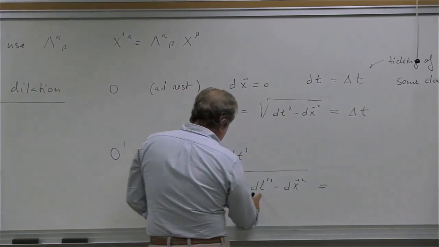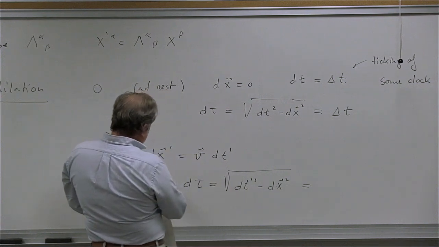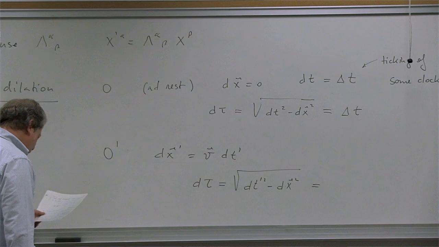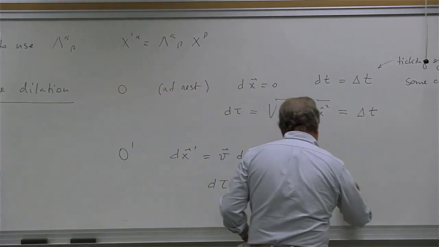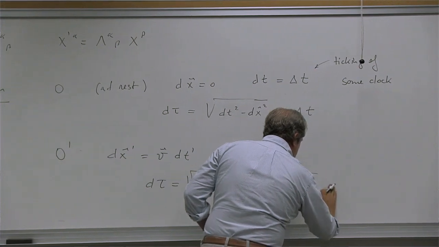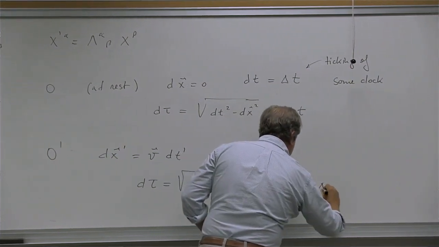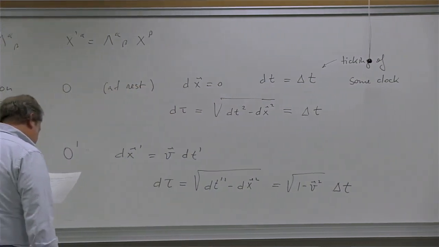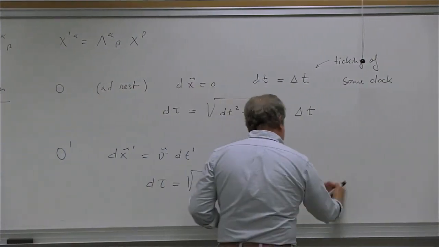So now we can factor out. You replace the fact that the dt and dx are related by this relationship, and so we can write this as the square root of 1 minus v squared times the interval, sorry, times dt prime.